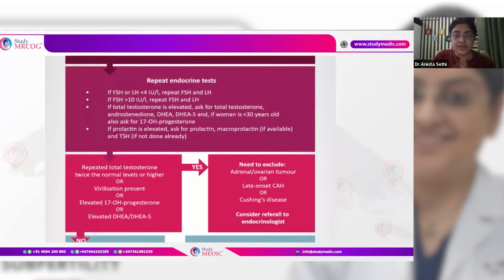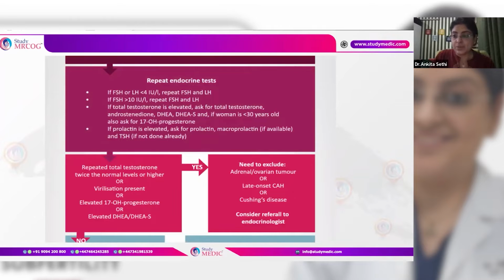You need to repeat the endocrine test if FSH or LH is less than 4 international units per liter. If FSH is more than 10 international units per liter, then repeat the FSH and LH. If total testosterone is elevated, ask for total testosterone, androstenedione, DHEA, DHEAS, and if a woman is less than 30 years old, you can also get a 17-OHP done.